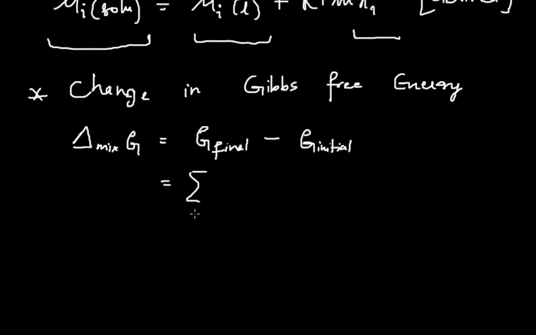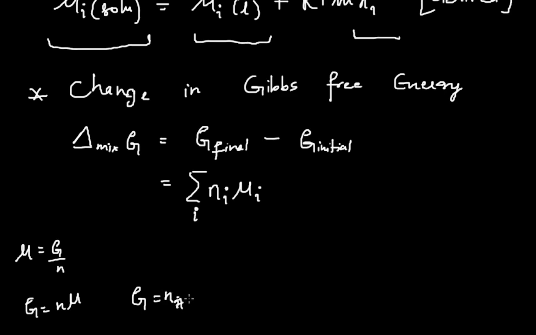Mu is molar Gibbs free energy, so for one component G becomes n times mu. For multiple components, suppose there are two constituents, G becomes Na mu A plus Nb mu B. So if there are n constituents, G becomes the summation of Ni mu i.